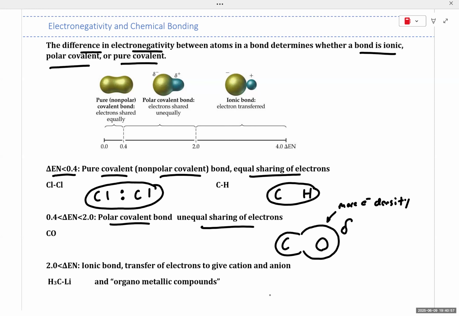And as such, because electrons have a negative charge, oxygen builds up a partial negative charge. As a consequence as well, carbon has less electron density, and thus it builds up a partial positive charge. We can say that this bond is a polarized or polar bond.